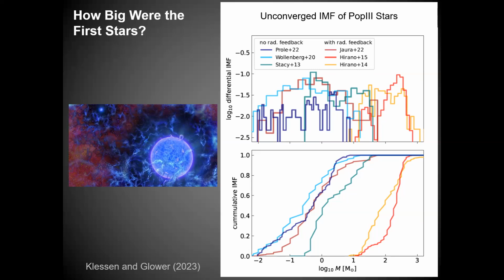There are some simulations, with red and yellow, that show that stars can be as massive as 100 and 1,000 solar masses. And in these cases, there are no light stars at all at early times. Of course, now we have a lot of them, but they can form now because the chemical properties of the gas are very different to what we had at early times.